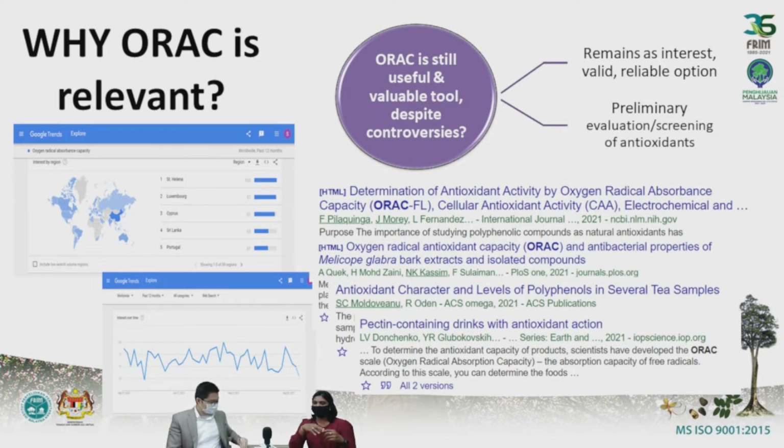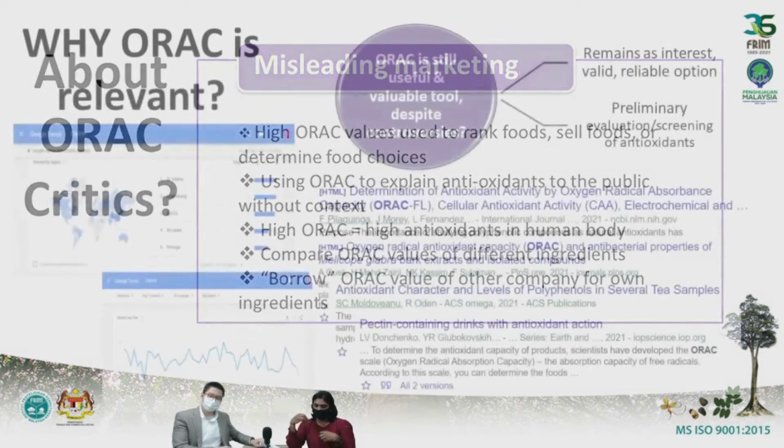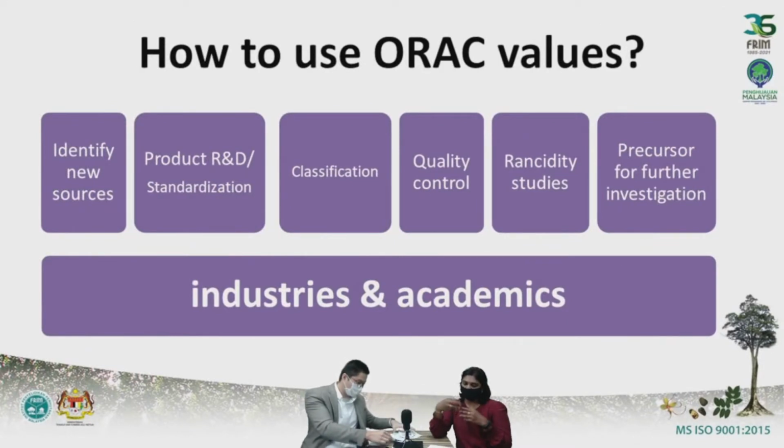Okay, actually you can use ORAC values in a few ways, and you can make them more meaningful if you use them in a proper way. You can use ORAC value to discover new sources of antioxidants, and also as a benchmark for product development, which involves standardization, optimization, processing steps, and also extractions.